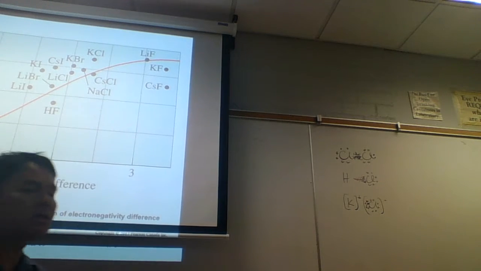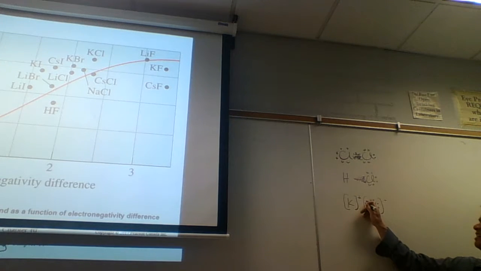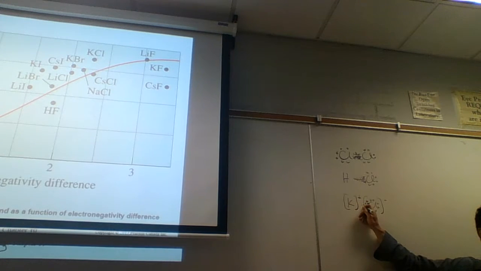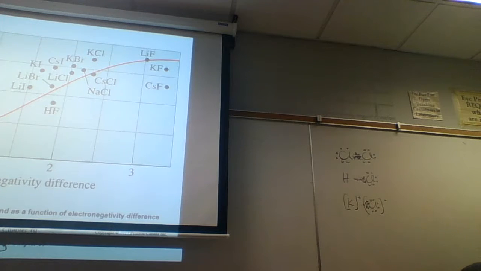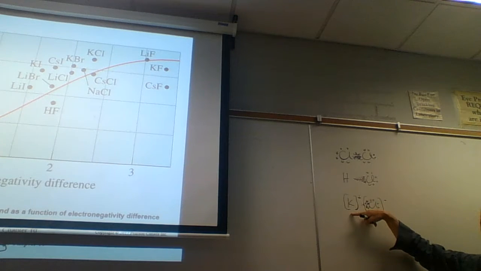That means there's 10% covalent character. And so that electron cloud hasn't been completely stripped away from potassium. There's still a little bit of electron cloud around potassium. It's like 90% ionic. And this little bit of electron cloud, well, we ignore it because we're either going to draw it as covalent or ionic as far as Lewis structures go.